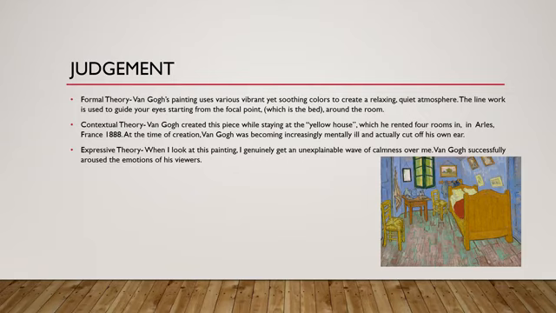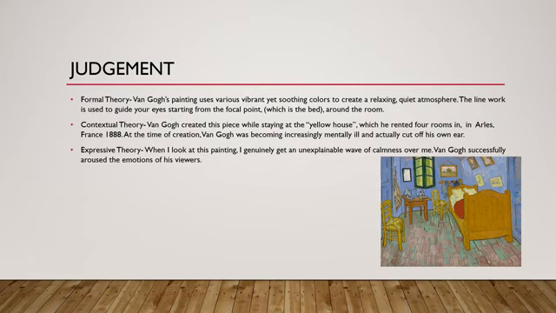Using expressive theory, this piece, in my opinion, is very self-explanatory in terms of what he was trying to communicate to us. When I look at this painting, I genuinely get this unexplainable wave of calmness over me. I believe Van Gogh did an amazing job in arousing his viewers' emotions.